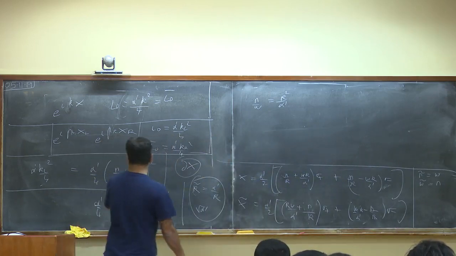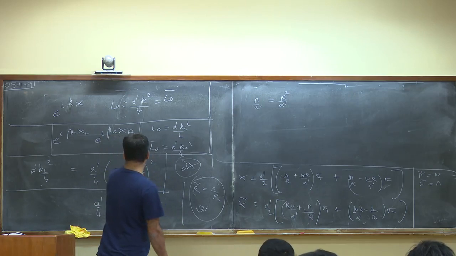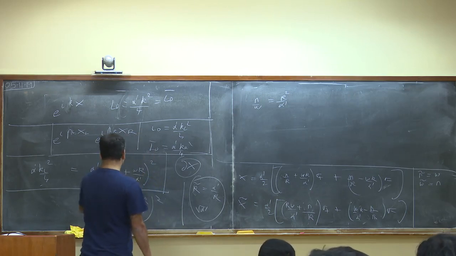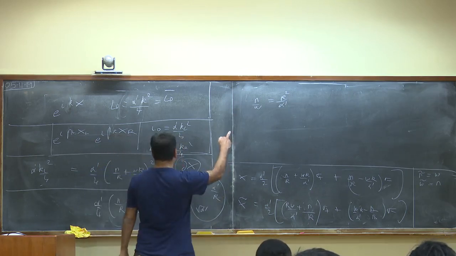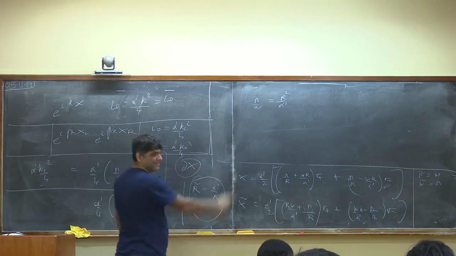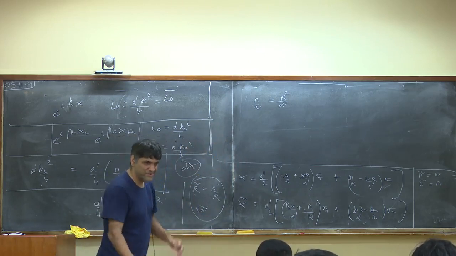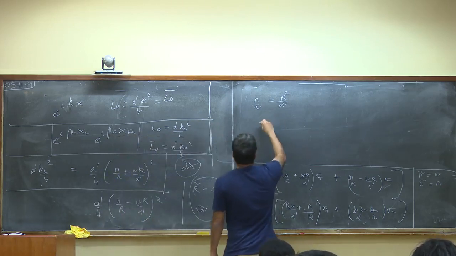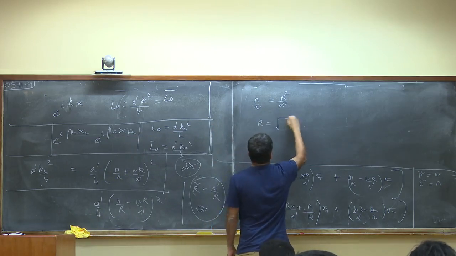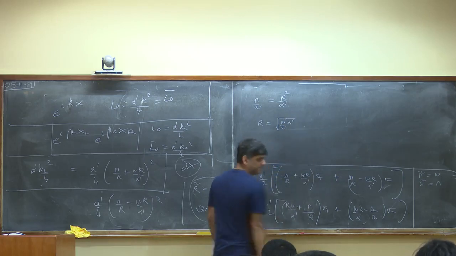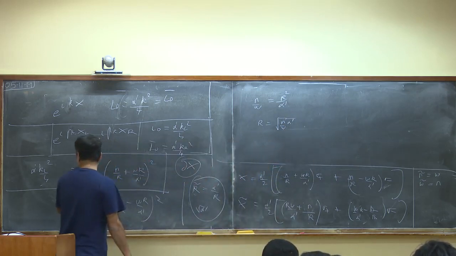So let us substitute this in. I'm going to put R in terms of n and w, so I have everything in terms of integers. So I'm going to substitute in R equal to square root of n w alpha prime, and then put it into the formula for L0.